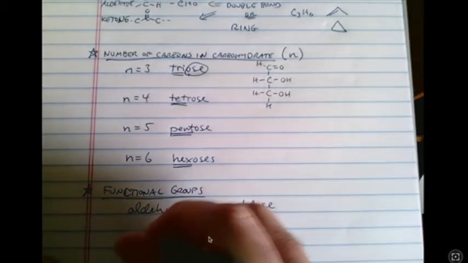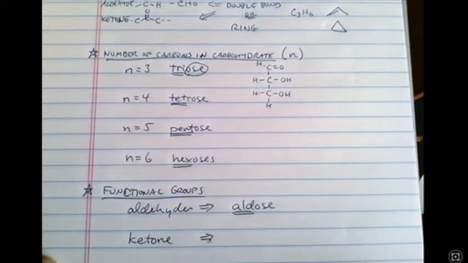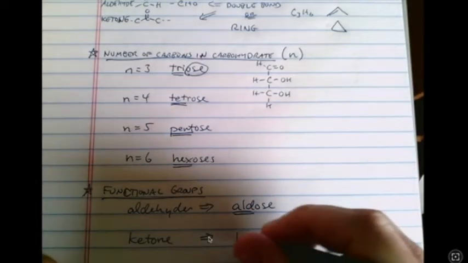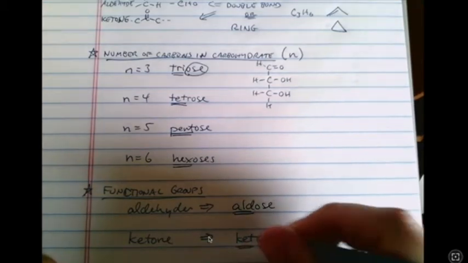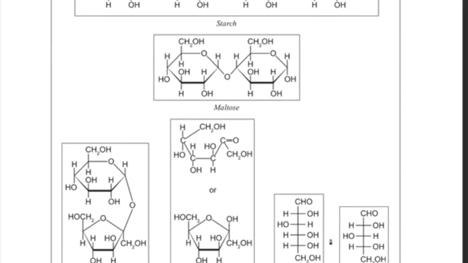Similarly, you might guess then that if I have a ketone in my sugar instead, we're going to name that a ketose. And so to give you a sense of what those might look like, as we said, glucose and xylose here are examples of aldoses because they have this CHO sitting there at the very end of them. So there are my aldoses right there.